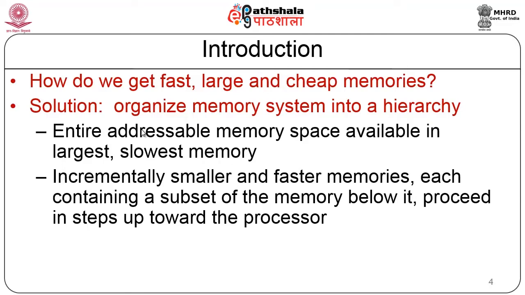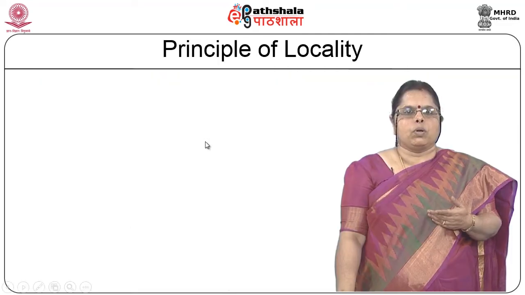The memory closest to the processor is the fastest, so that it is able to supply the processor with data at least to some extent on par with the processor, and capacity requirements are satisfied as we move away from the processor.